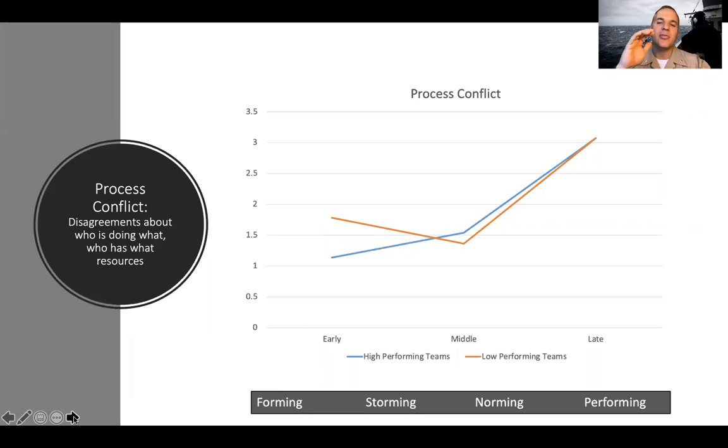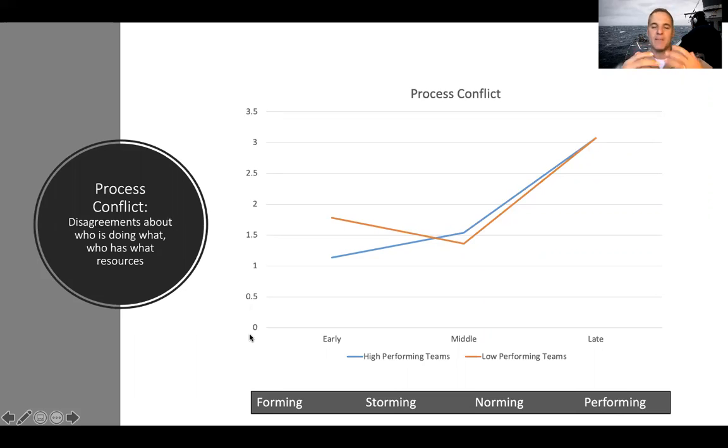So there have been a number of studies done about the role of conflict in team performance over time. And so I'm going to show you some curves on some graphs, right? So applying group 2 ideas to group 3 concepts here, that's what we do in psychology. So we have on the y-axis here levels of conflict, right?